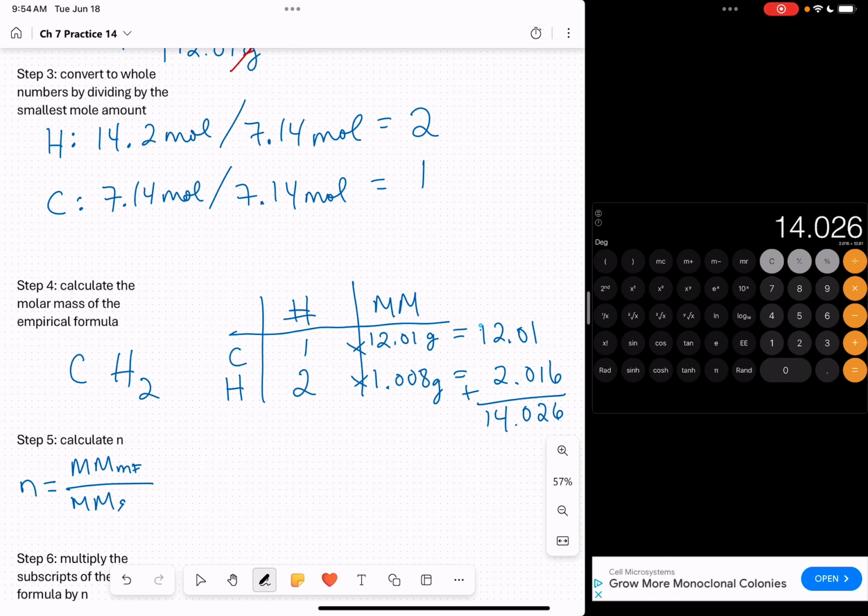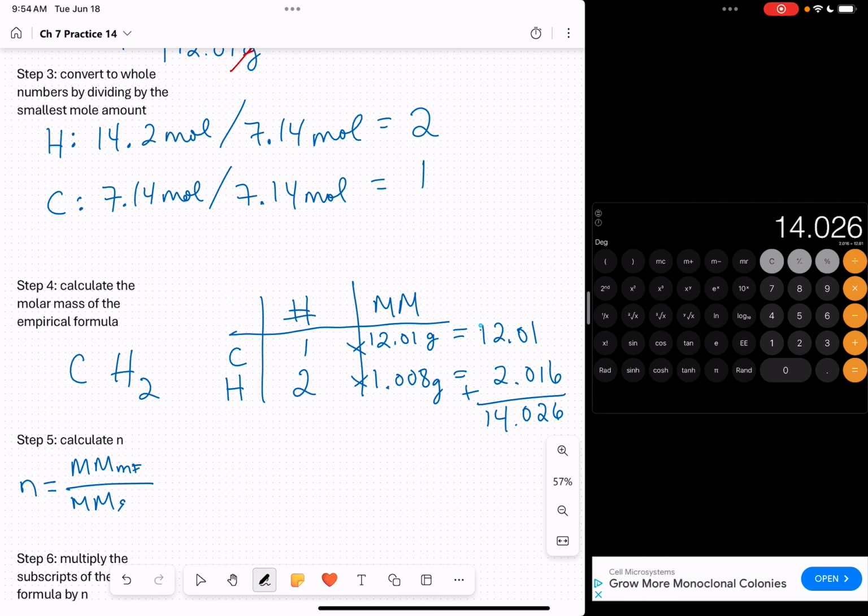So if we scroll back up, the molar mass given to us for the molecular formula is 42.08. So that's what we put on the top, 42.08 grams per mole. And we're dividing that by our 14.03 grams per mole we calculated in the step above for the empirical formula.